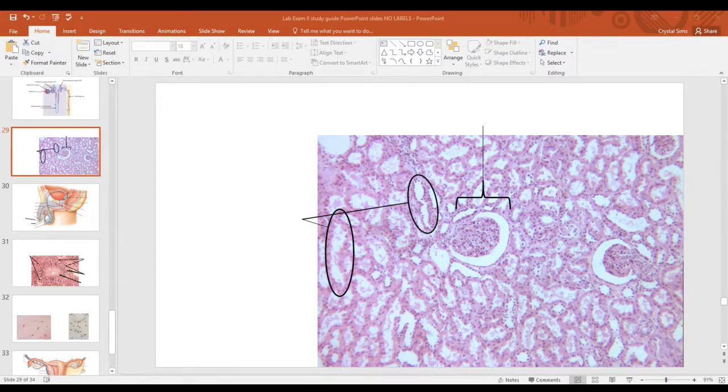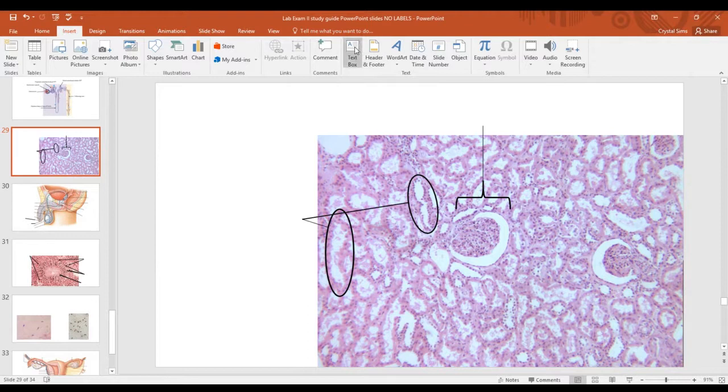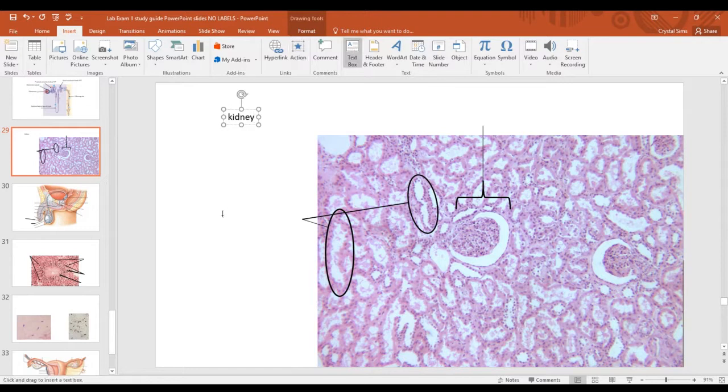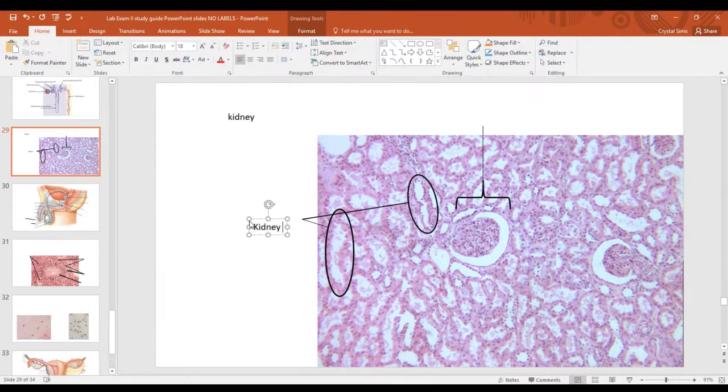I tell you. Okay, so we've got the glomerular capsule, and inside the glomerular capsule, that is our glomerulus. So my glomerulus is the structure inside there, okay?